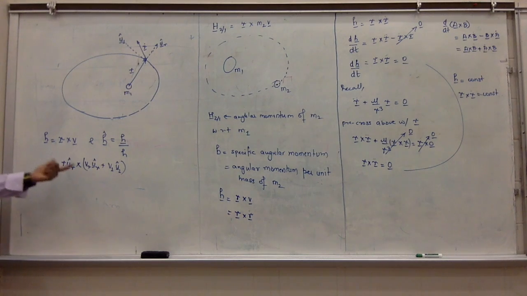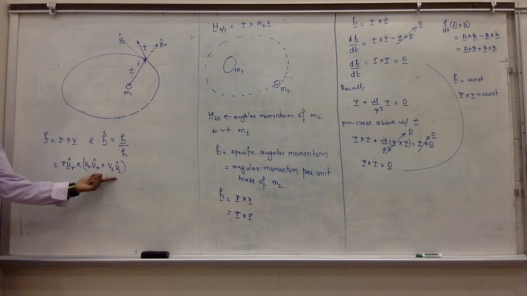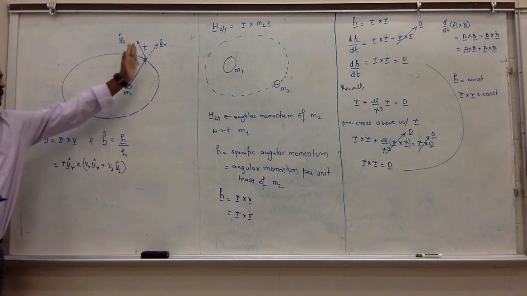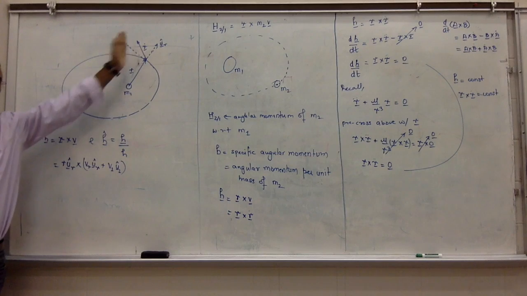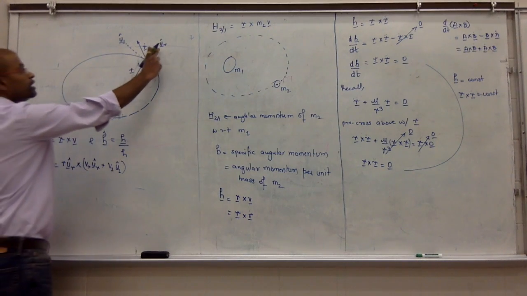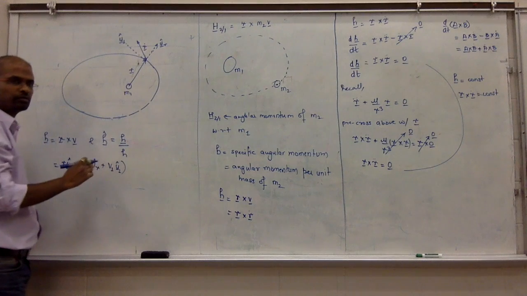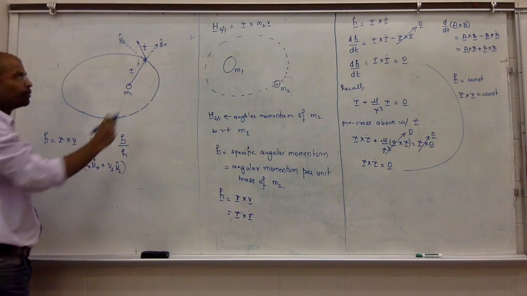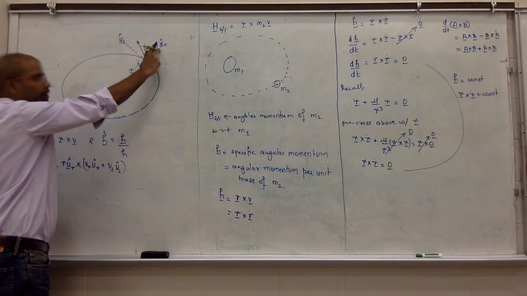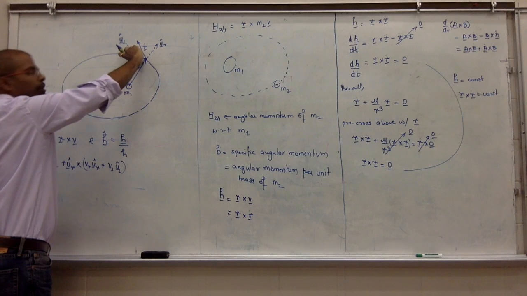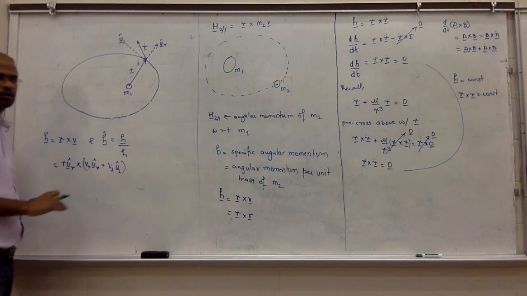So this is your V. This is V in the X direction or R direction, the component of V in the R direction. This is the component of V in the perpendicular direction.